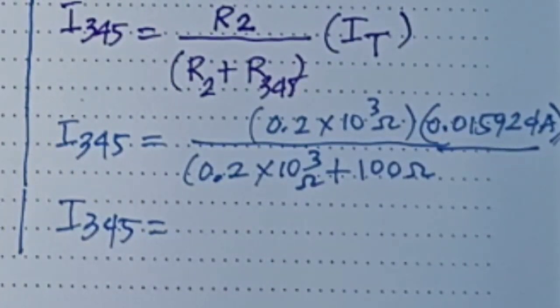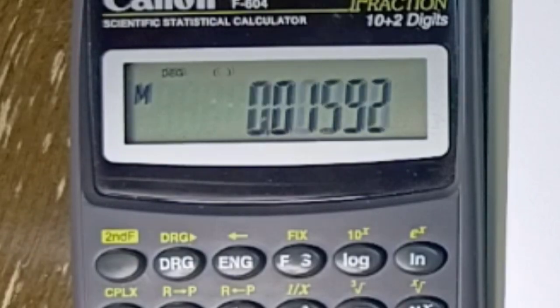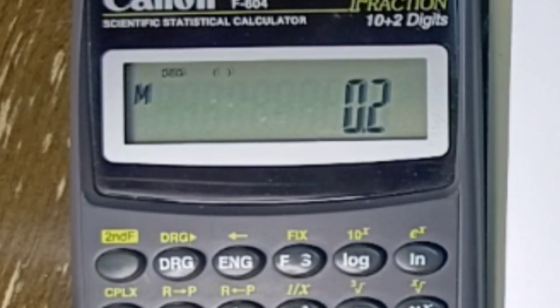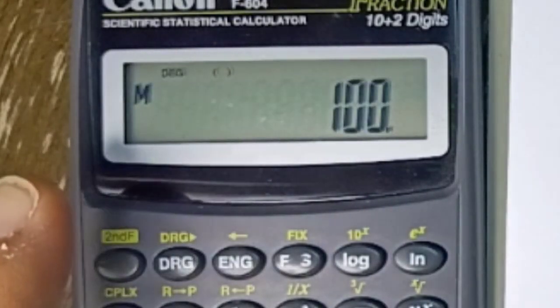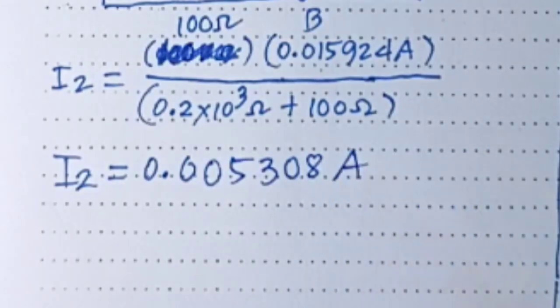Let's calculate the values of this. 100 multiplied by 0.015924, divided by open parenthesis 0.2 multiplied by 10 to the power of 3 plus 100 close parenthesis, equals 0.005308 amperes.